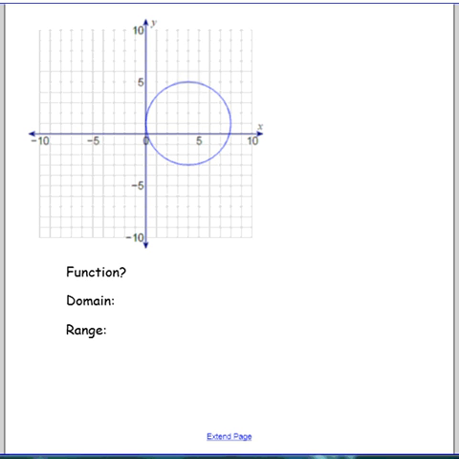So here's an example of a graph that you will see from your homework. And we can see that this is not a function, because if we do the vertical line test, there's many places where we're crossing more than one value. So no, it is not. And when we look at the domain, we're looking at left or right, because that is our x values.